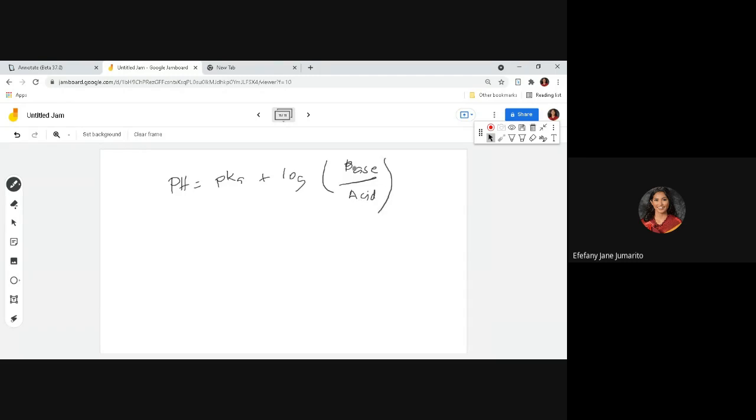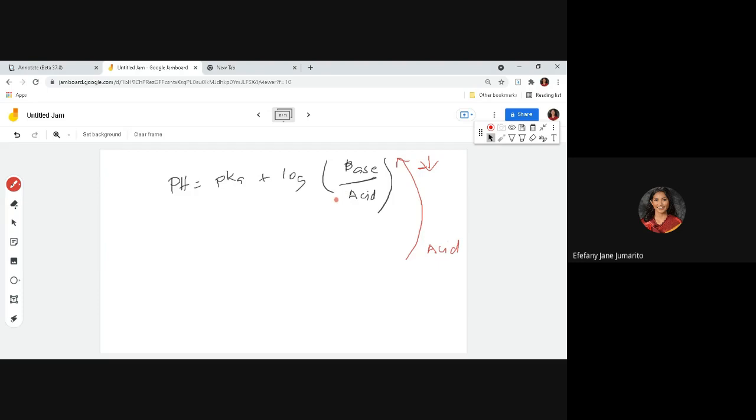If we add an acid, it reacts with the base. Then what will happen to the base? It is minus, its concentration decreases. And then what will happen to the acid?